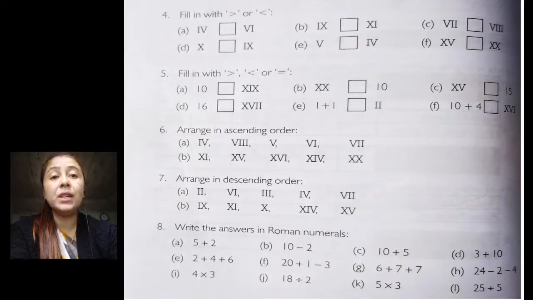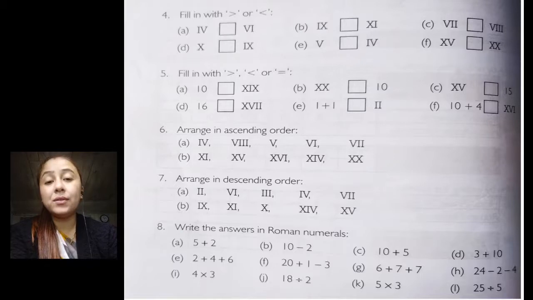Fill in with greater sign, smaller sign or equals to sign. Arrange in ascending order and arrange in descending order. We will do till number 7 only, because number 8 we have to do in your copy. So let us start our class.